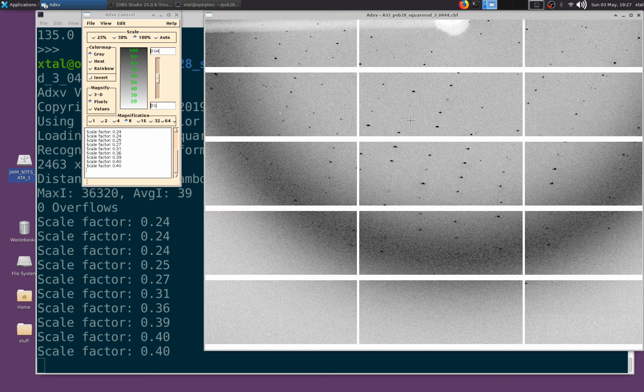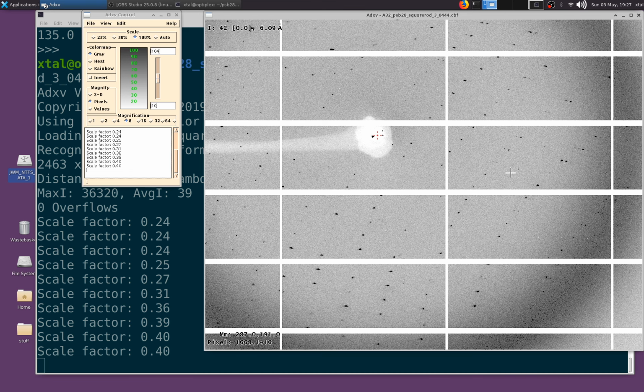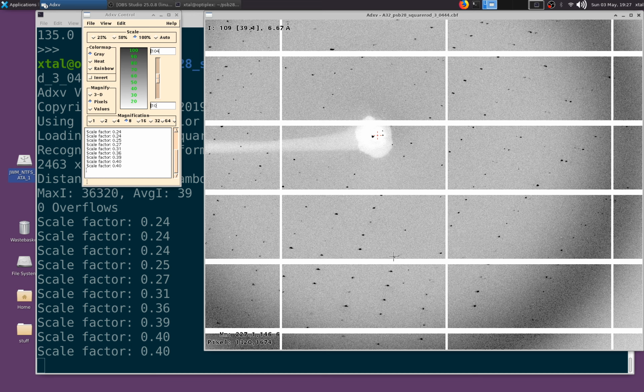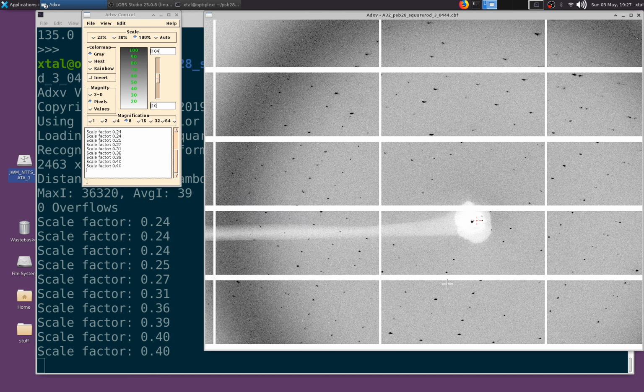So we can see we have a reasonably nice diffraction pattern. Some of these spots look a little bit split, but it looks perfectly okay. If we draw a line through the spots, we can see each spot, and it's predicting a lattice, but it's confused because it's looking at this boundary.